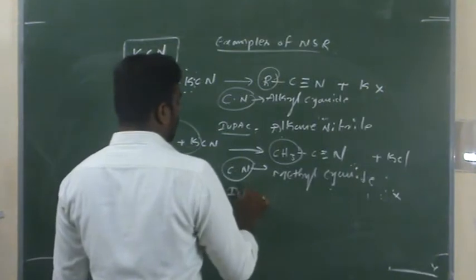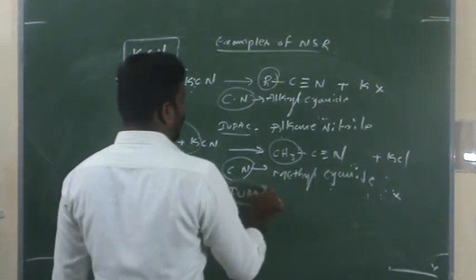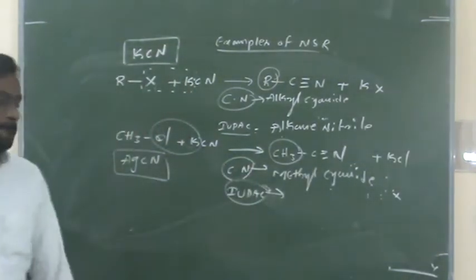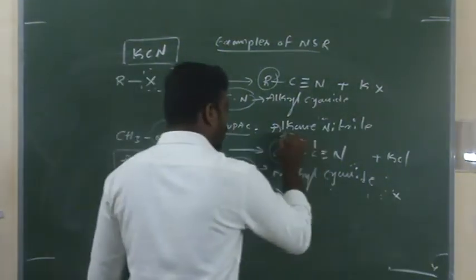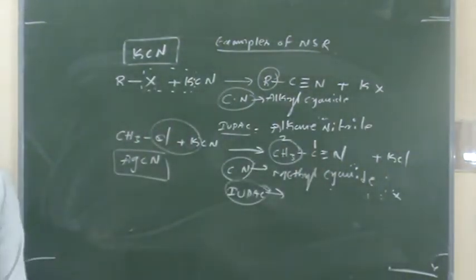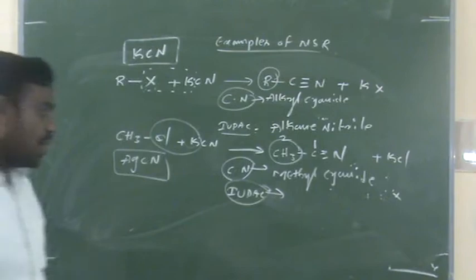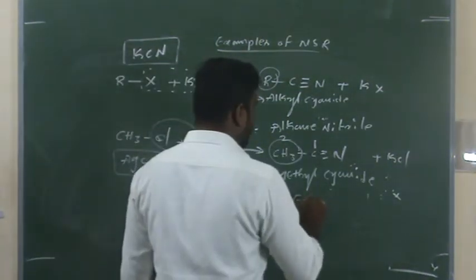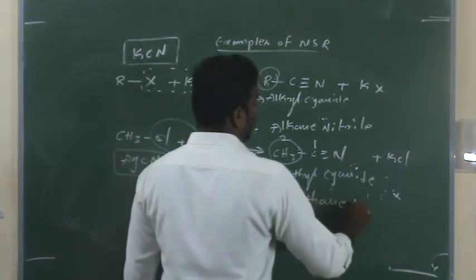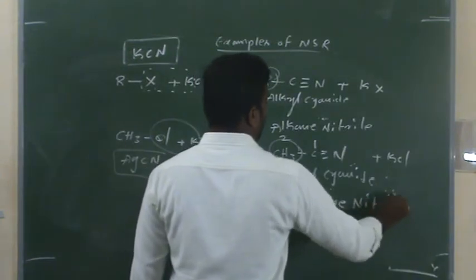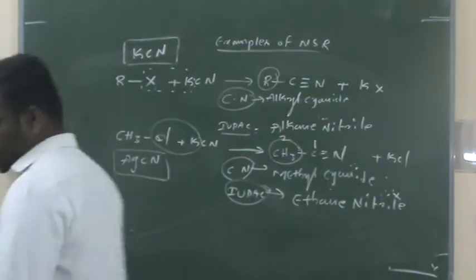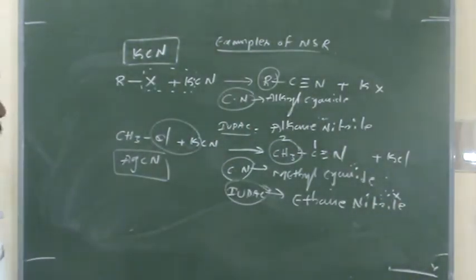When you come to the IUPAC name, we have to start the numbering from here, 1 and 2. How many carbon atoms are there here? 2 carbon atoms, which means we call it ethane. Then the IUPAC name of this one is ethane nitrile. So this is the way of identifying the products.